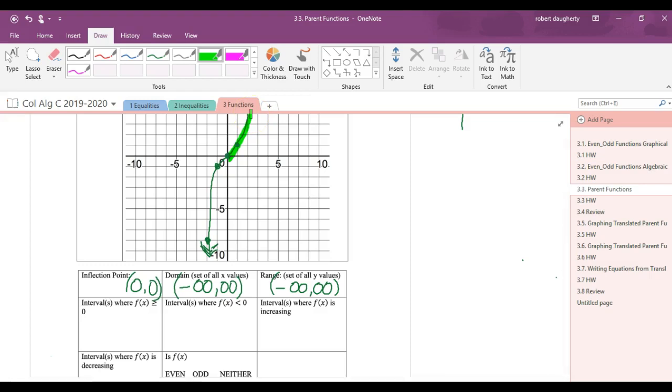Remember these intervals are, I'm always on the x-axis unless I ask for what? The range. So the range is the only time you start on the y-axis. Everything else, this interval says look at the x-axis. So it's not above 0 until I get to where? 0. So it's from 0, it's greater than or equal to. So it will be above 0 from 0 to where? Infinity.